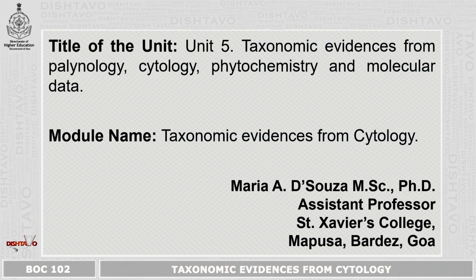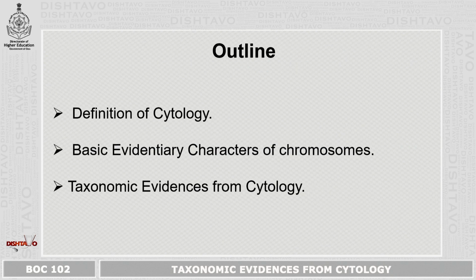The module name, Taxonomic Evidences from Cytology, belongs to Unit 5, Taxonomic Evidences from Palynology, Cytology, Phytochemistry, and Molecular Data. The outline of the module will be, students, definition of cytology, the basic evidentiary characters of chromosomes, and the taxonomic evidence from cytology.